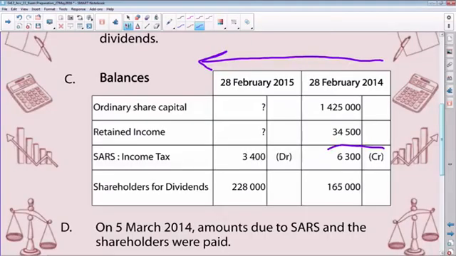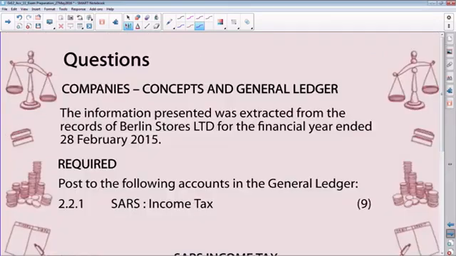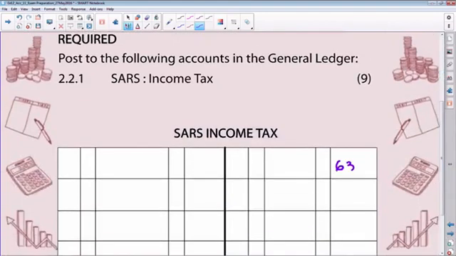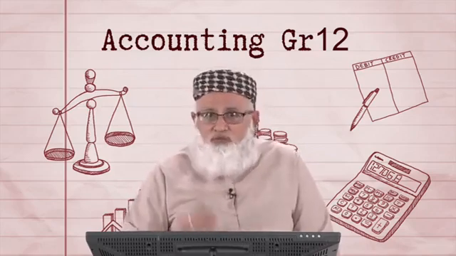Okay, so my SARS income tax at the beginning of the year has a credit balance of 6,300, meaning I am owing SARS an amount of 6,300, and that's my balance at the beginning of the year. Once again, guys, I'm abbreviating because of time constraints and because Ashraf has a license to abbreviate. You do not have a license. You make sure that in exam conditions, if you are expected to do this account, that you write it out in full. Got it? Brilliant.